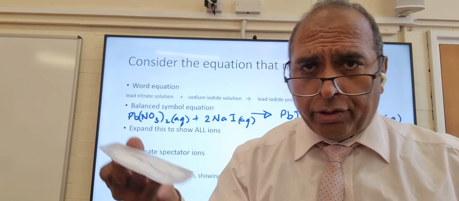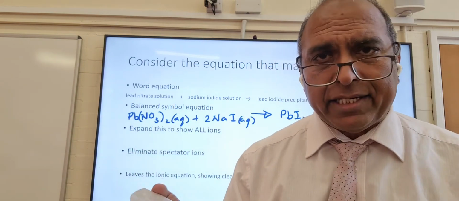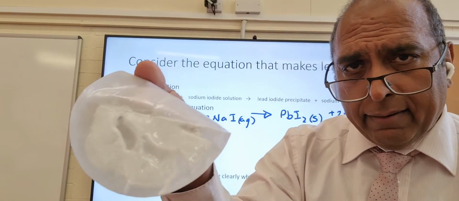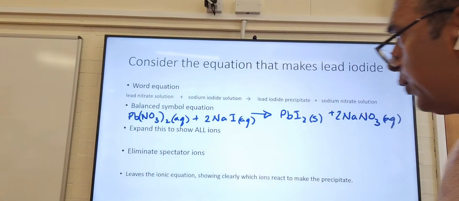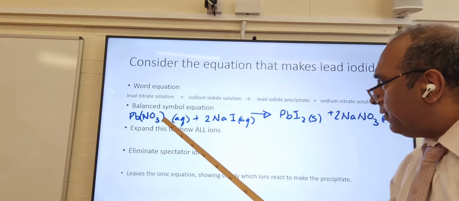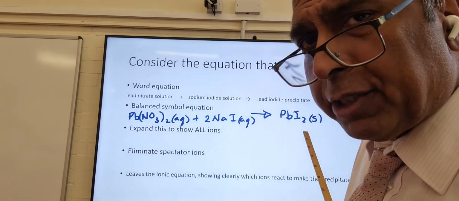You've got a three-dimensional positive, negative framework, a lattice of positive, negative ions that are together. They're not separate. So what we do is we talk about expand, and we can expand that. But the lead iodide we cannot expand.